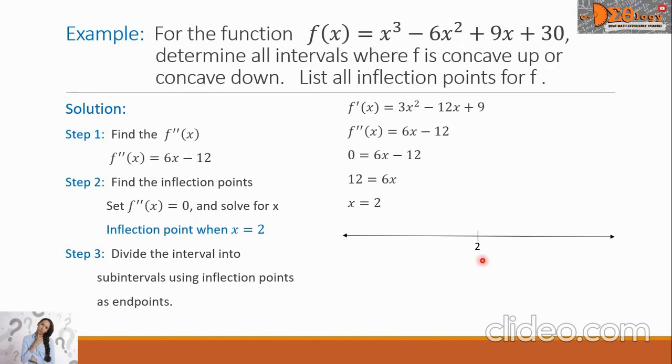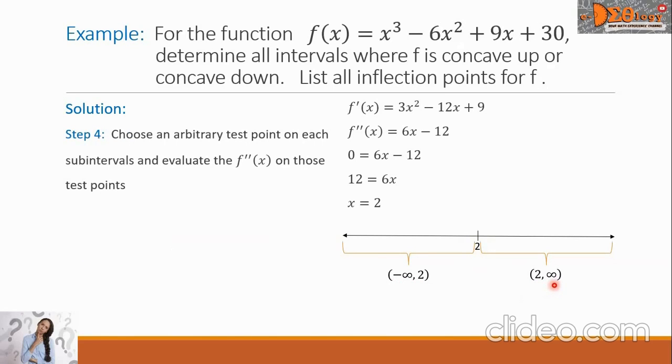In this problem, there is only one inflection point. Now, let us identify the corresponding sub-intervals. On the left side of 2, the sub-interval is from negative infinity to positive 2. While on the right side of this number 2, the sub-interval is from 2 to positive infinity.